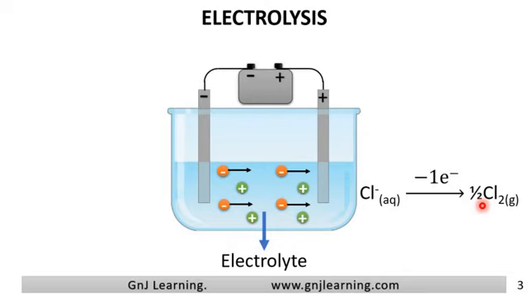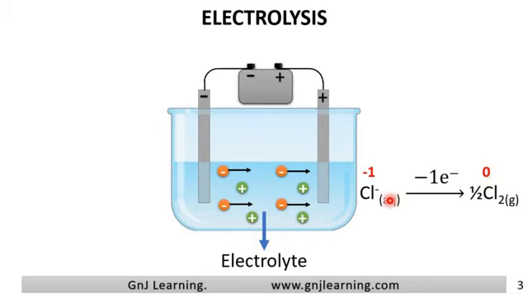So in this process, the chloride ion has lost its electron, or you can say, as far as oxidation number is concerned, its oxidation number has increased by 1. It was -1 for chloride, and when it lost its electron, that minus charge is lost and its oxidation number becomes 0.